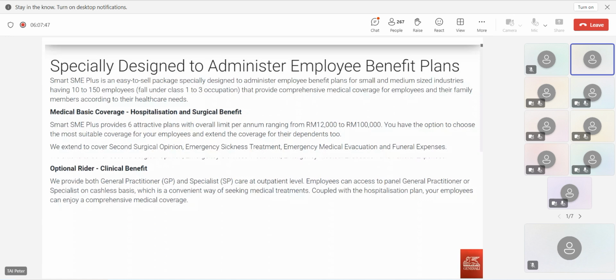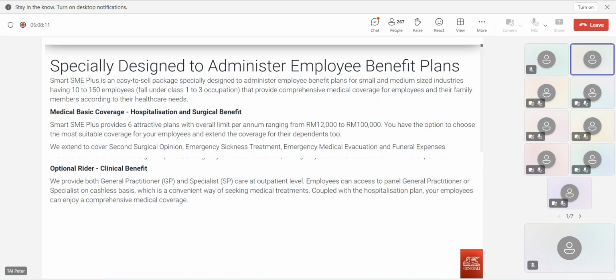This policy, Smart SME Plus, is specially designed to administer employee benefit plans for 10 to 150 employees of a company. Okay, it's either class, so long as you are class 1 to class 3 occupation, minimum 10 or maximum 150, you can enjoy this policy.